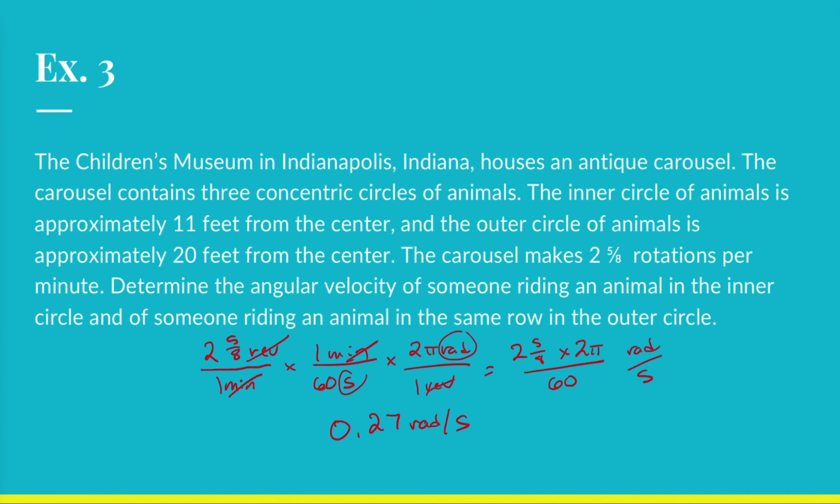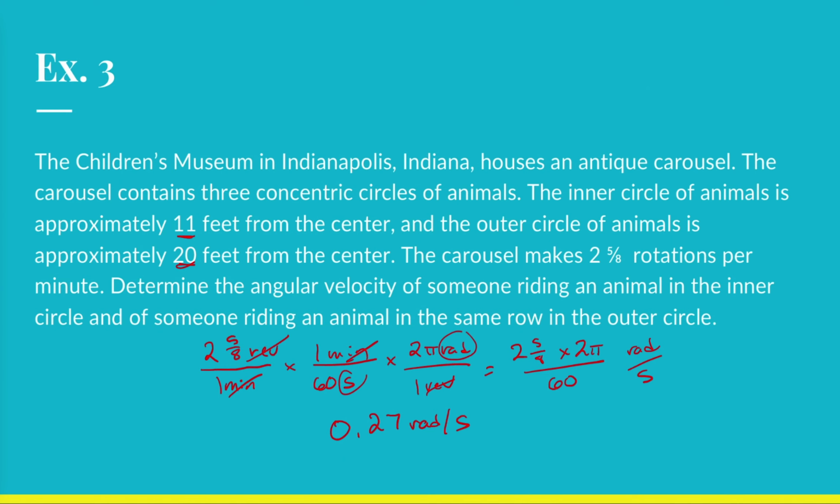And so the angular velocity is not dependent on how far away you are from the center. The angular velocity is just based on the number of revolutions. So both riders, the one in the inner circle and the one in the outer circle, are traveling at the same angular velocity.